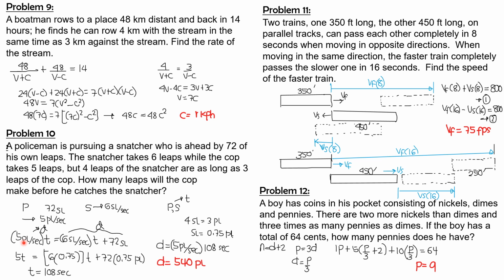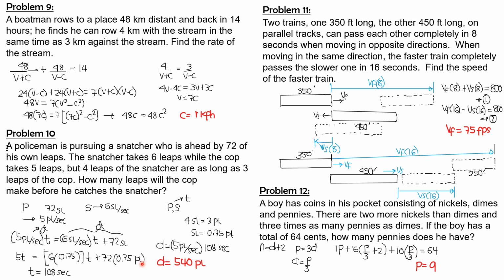So 5 policeman's leaps per second times time equals 6 snatcher leaps, and a snatcher leap is 0.75 of a policeman's leap, times time, plus 72, where we replace snatcher's leaps by 0.75 of policeman leaps.